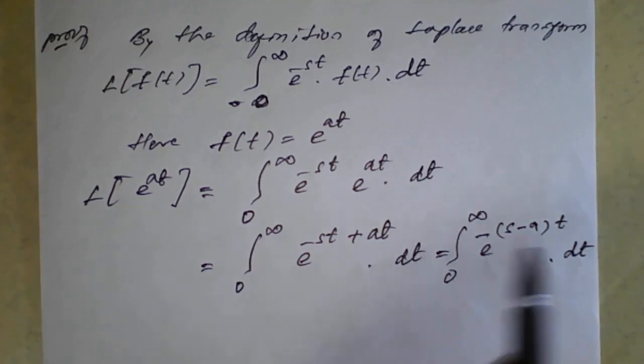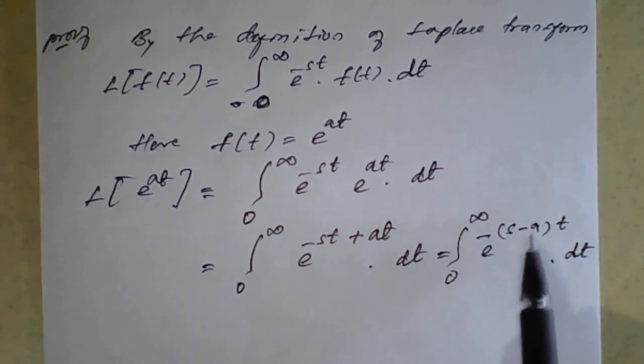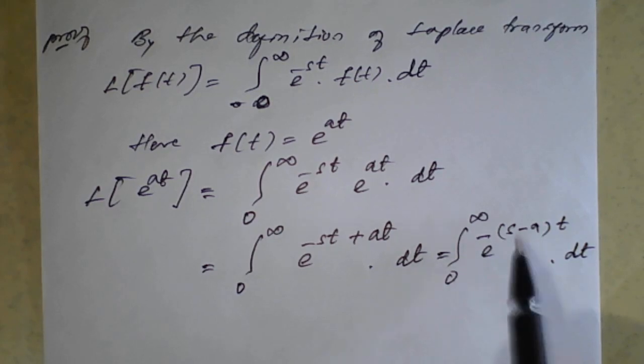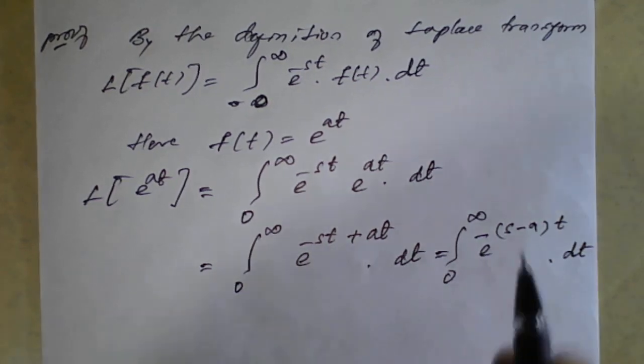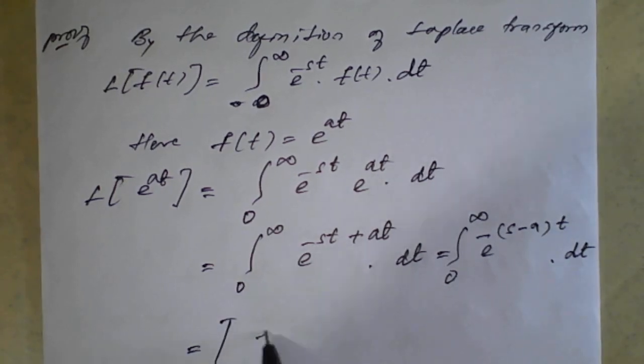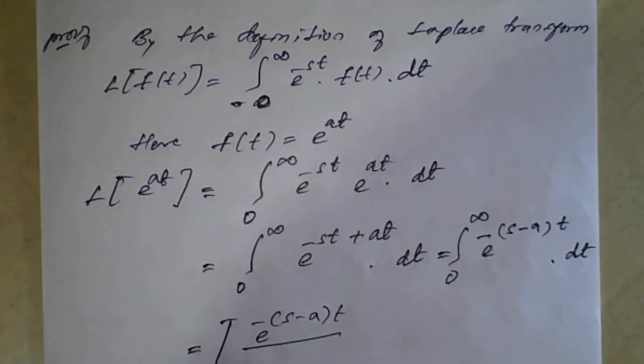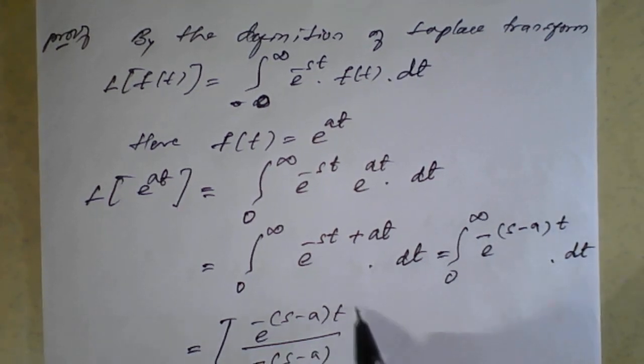Now it will be easy to integrate. Considering s minus a as a constant, the integration of e raised to a constant times t gives e raised to minus times s minus a of t divided by minus times s minus a, limit from 0 to infinity.